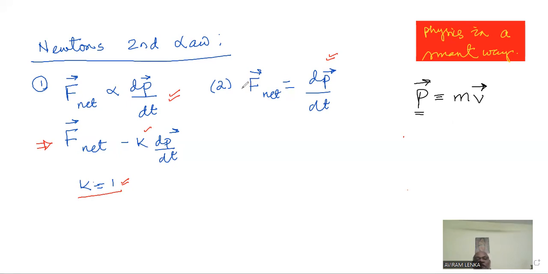Both are not original statements given by Newton. You may refer to his classical work on mechanics. Newton did mention things like mass, acceleration, and force. Momentum was not his original statement. So you may write like this; there is hardly any difference once you make k equal to 1.